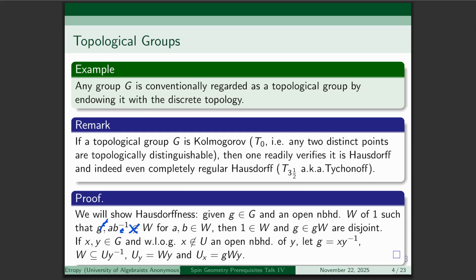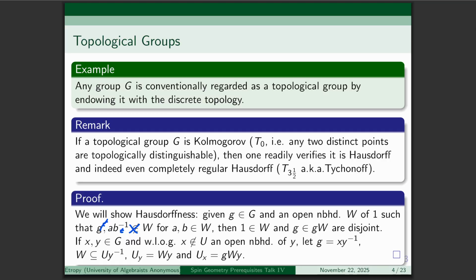Now for this neighborhood, we can shift it by the element g in our group and obtain the neighborhood, let's call it W, and its shifted version, gW.